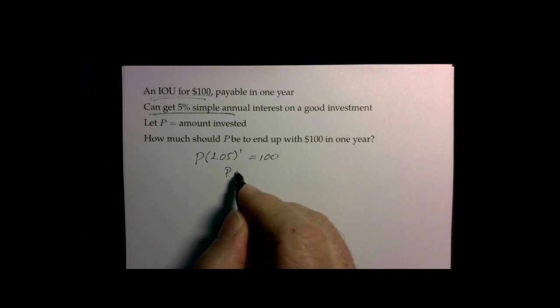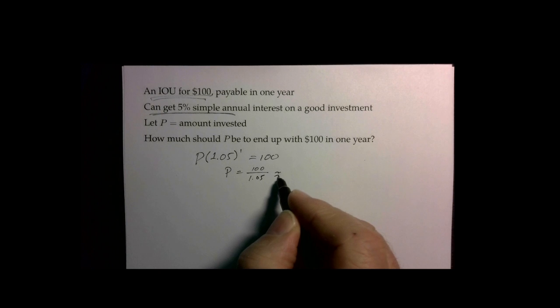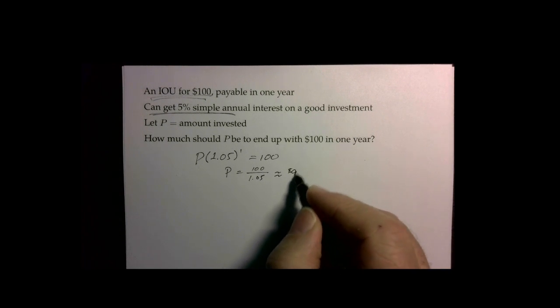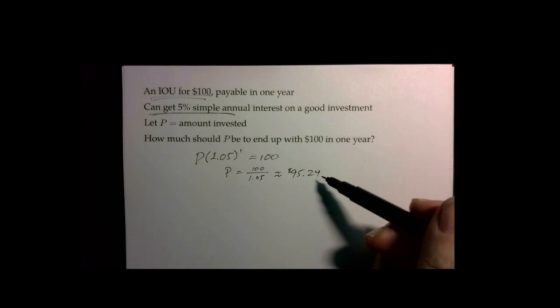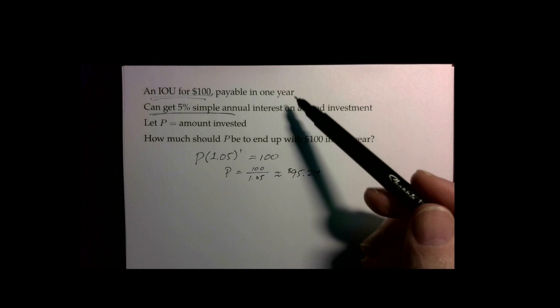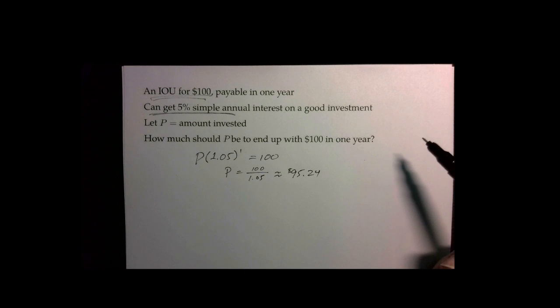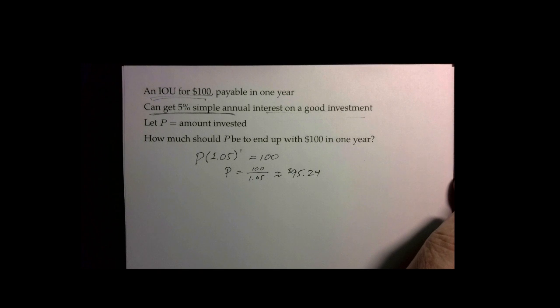So this is really easy. P is 100 over 1.05, which is pretty close to 95.24. So 95.24 is a fair price for this $100 IOU. That is to say, it is the present value of $100 under these circumstances, in which you can get 5% simple annual interest on a good investment for 1 year.